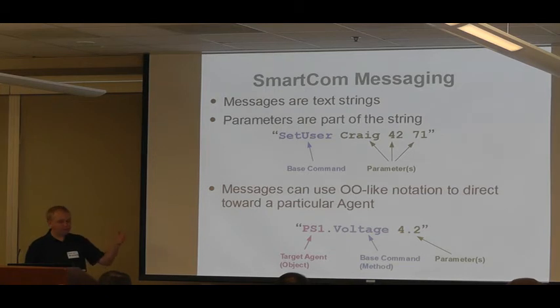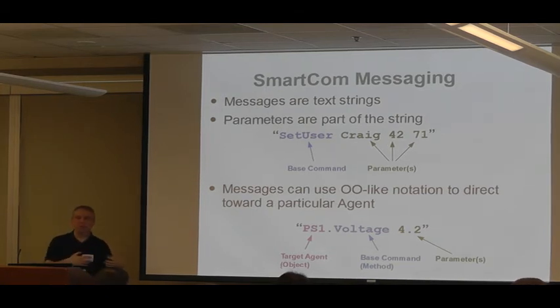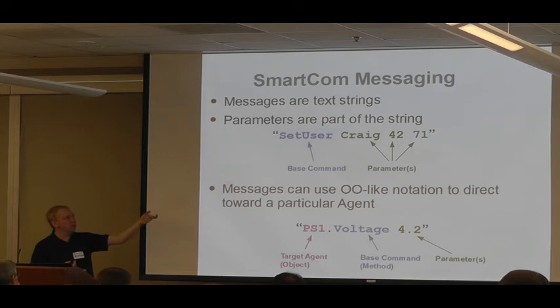So, the idea here is the onus is on the receiver of the message to interpret it properly. If someone says, I'm the interpreter of the set user message, then I know that the first parameter is a string, which is the name of the user. And the second parameter is whatever, the login privilege level or whatever. Those are just made up, so they don't make sense.